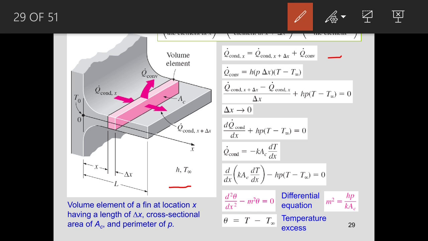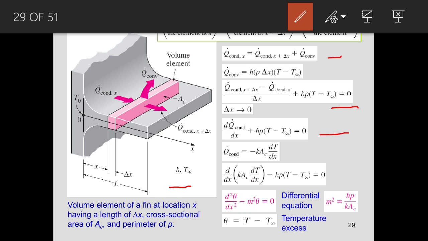Now if we substitute this formula in the previous equation and rearrange, we get (Q conduction at x plus delta x minus Q conduction at x) divided by delta x, plus hp (T minus T infinity) equal to 0. Now if we take the limit as delta x tends to 0, this equation is converted into a derivative equation.